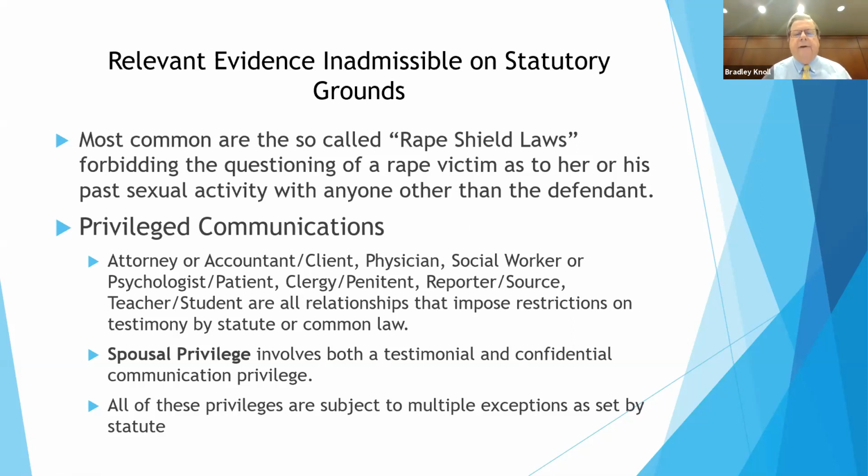Obviously, the victim in a domestic violence case can testify to anything the alleged perpetrator might have done, but it involves both a testimonial and communication privilege, so that if the spouse is aware of conduct by the defendant, he or she may not be compelled to testify as to what she observed. That's sort of the wait-till-we-get-home type of rule, where you don't want to pressure a spouse into revealing these sort of things.